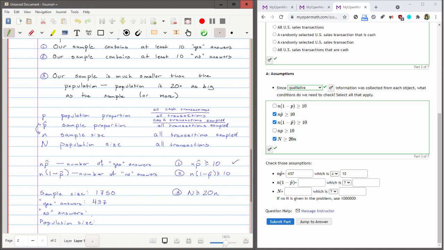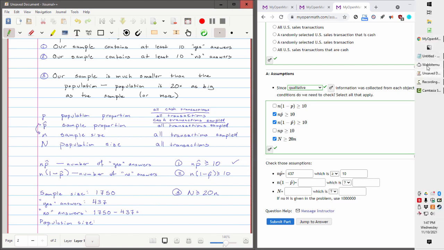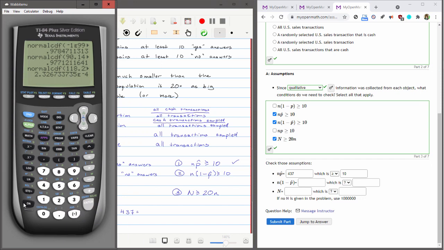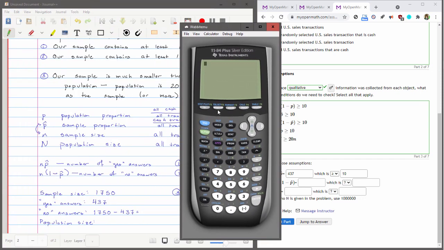Now the no answers, well, the transactions that were not in cash, that's all the transactions minus the ones that were in cash. Our calculator is our friend here. We take 1750 minus 437.